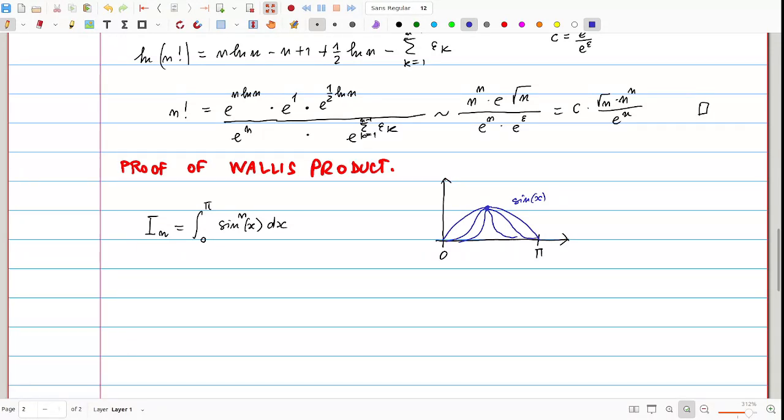So when you raise to the power n, they go to 0. These functions become very close to 0.